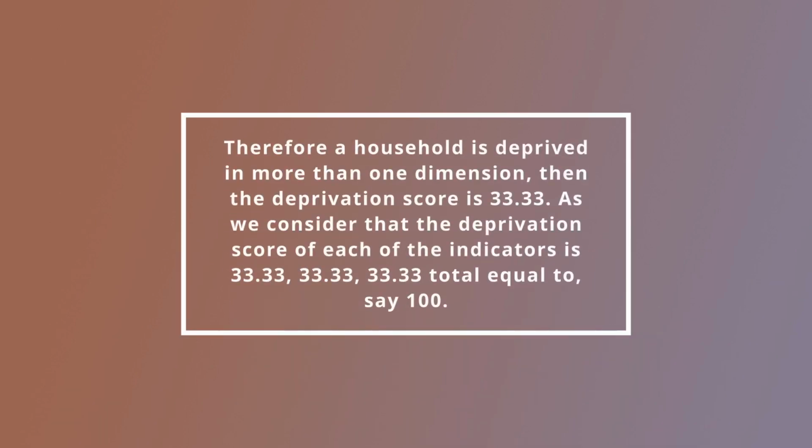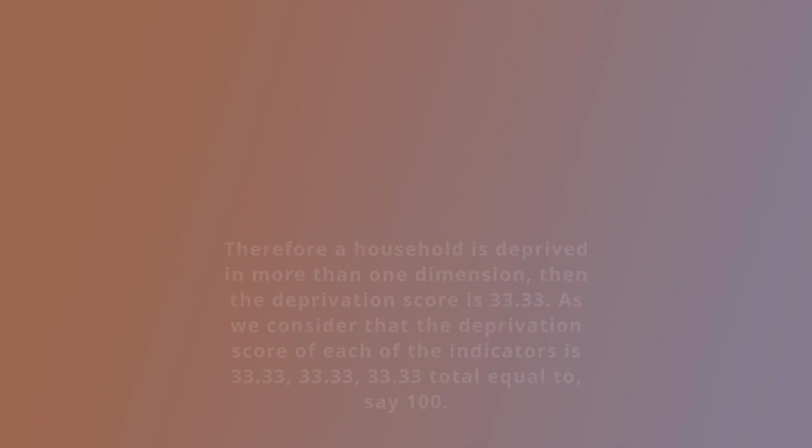Therefore, if a household is deprived in more than one dimension, then the deprivation score is more than 33.33. As we consider that the deprivation score of each dimension is 33.33, 33.33, 33.33, total equal to 100, multidimensional deprivation means the household is deprived in more than one dimension. Accordingly, the deprivation score for multidimensional poverty is more than 33.33.